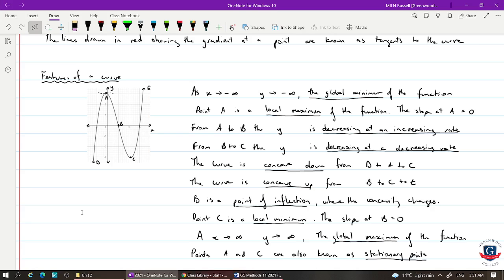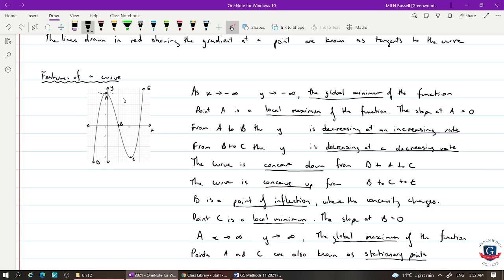Point A, which is this point up here, is the local maximum of the function. It's not the global maximum, because that would be over here, but it is a maximum in the locality of itself. If we draw a tangent, the slope would be 0. It's going to be a horizontal line.